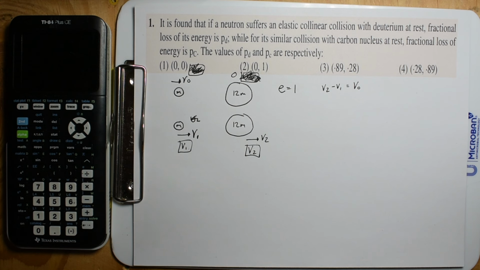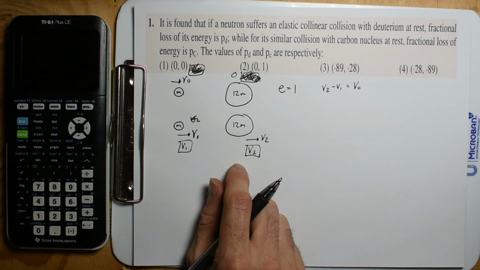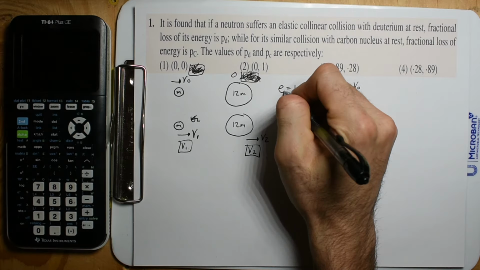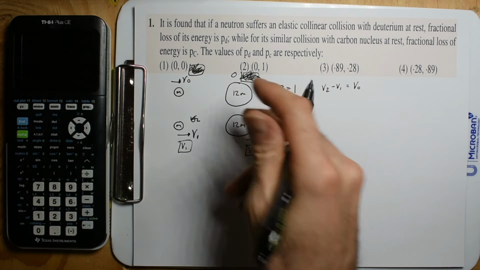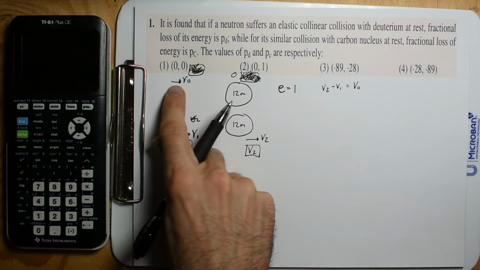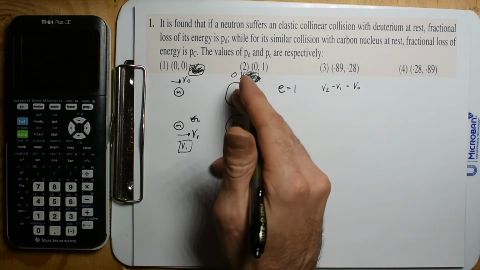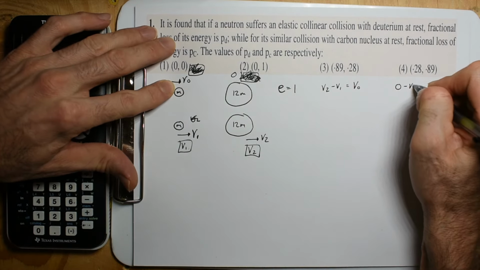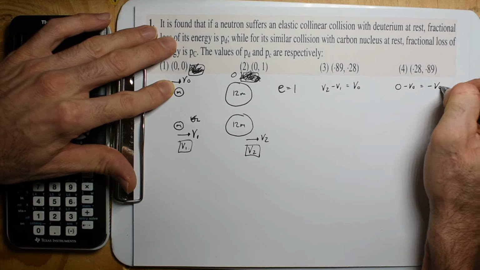Oh, and shoot, am I already... Oh man, this is kind of bumming me out. I didn't do the negative sign. So when I said the difference between the relative velocities, the relative velocity here would be 0 minus v0, which would be negative v0.